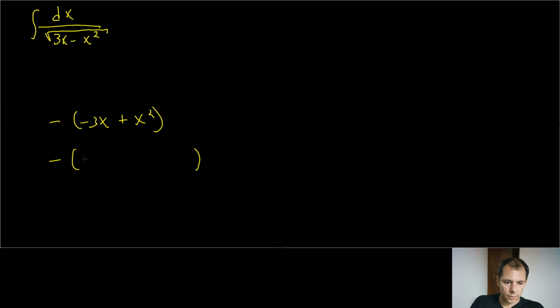So you have plus 9 divided by 4 minus 9 divided by 4. Minus 3x plus x squared. And this is going to be equal to minus, and you get the 9 divided by 4 minus 9 divided by 4.